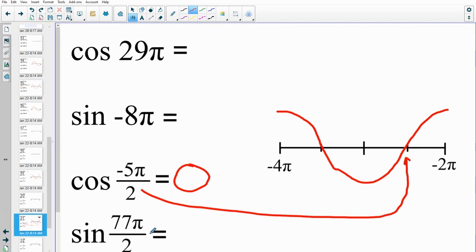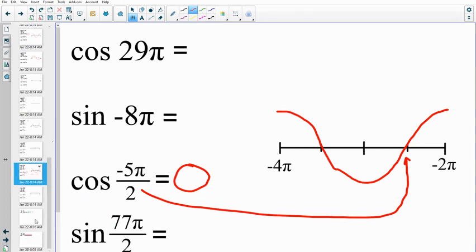So half of 77 is going to be half again bigger than that, so 38.5. So you're going to be looking between 38 pi and 40 pi for that one. And then figuring out what the graph looks like between those two values. It'll be the same as what it looks like between 0 and 2 pi. There we go. I think that's a pretty good start for us.